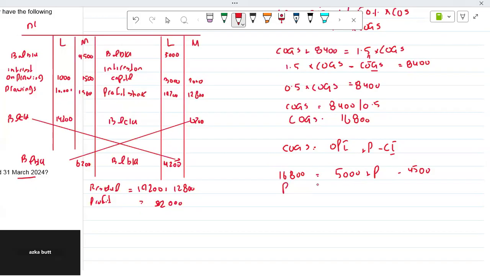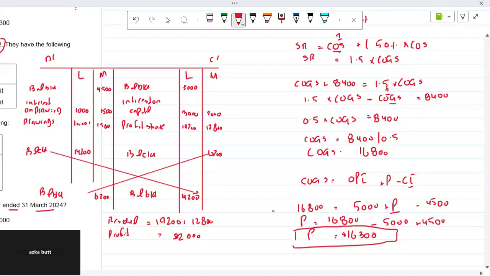So we will make purchases the subject: P is equal to 16,800 minus 5,000, reverse the sign, plus 4,500, and this is equal to 16,300. This is the purchases. So $16,300 are the purchases.